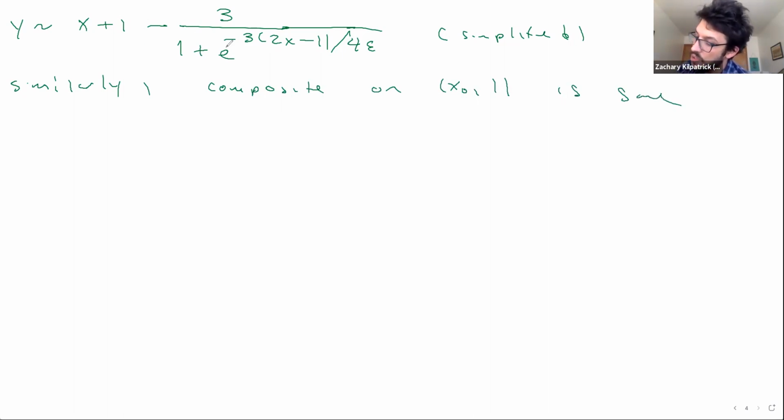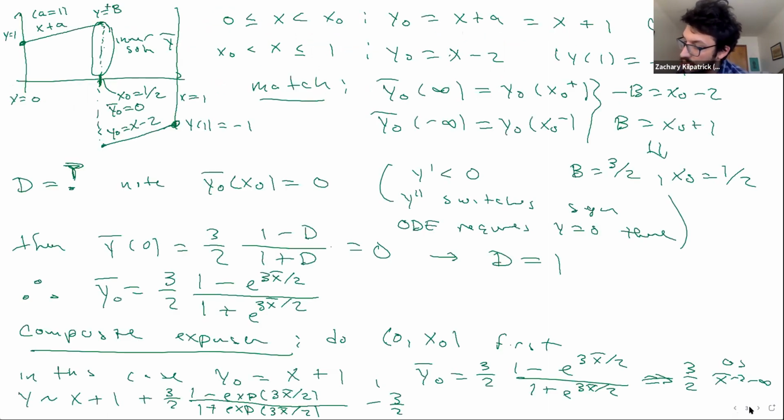So what you should find at the end is that you don't have any jump discontinuities. Remember that when we constructed this outer solution, if you wrote this down without the inner solution, you would end up with a jump discontinuity. You could use a Heaviside function to write down just the outer solution.